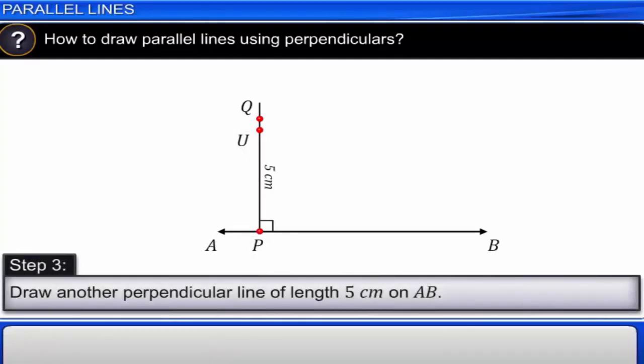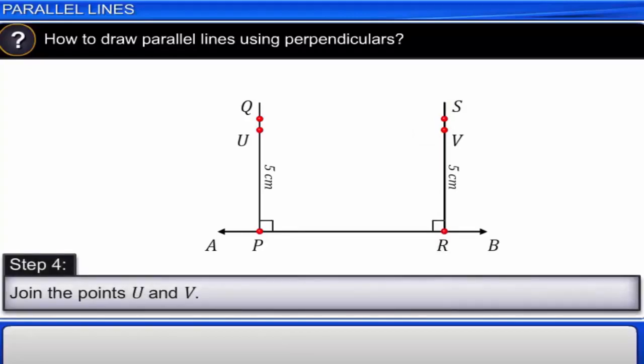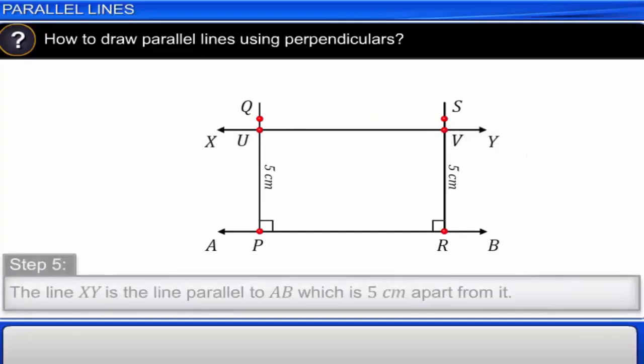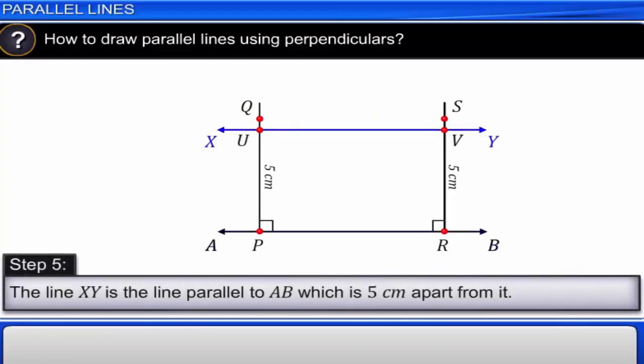Similarly, draw another line RV of length 5 centimeters perpendicular to AB. Using a scale, draw a line joining the points U and V. Thus, the obtained line XY is the line parallel to AB, which is 5 centimeters apart from it.